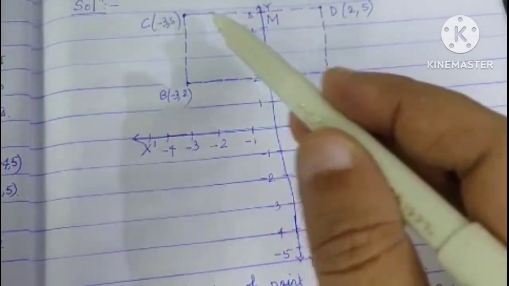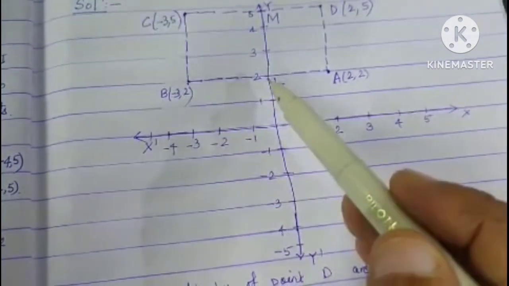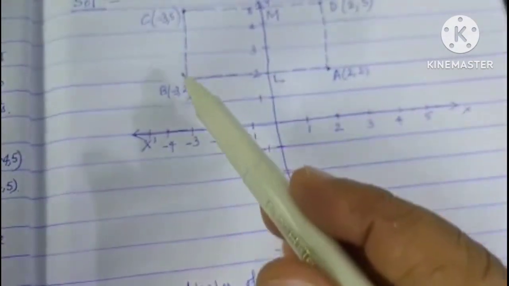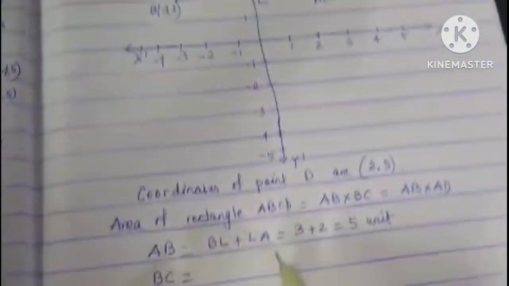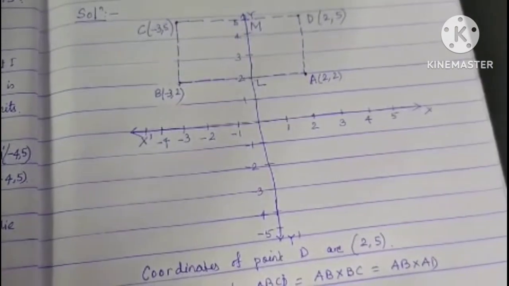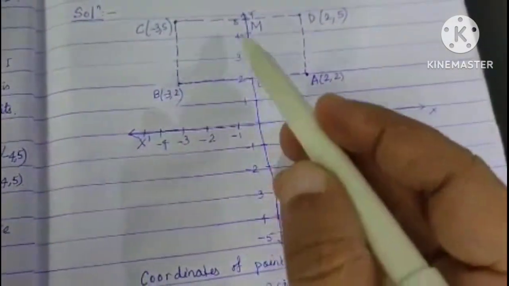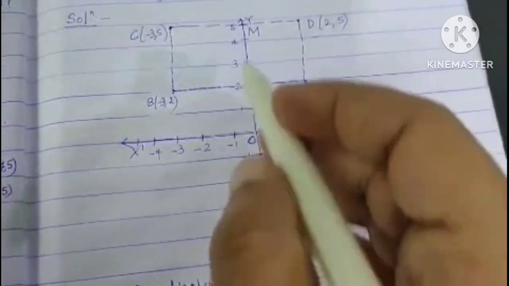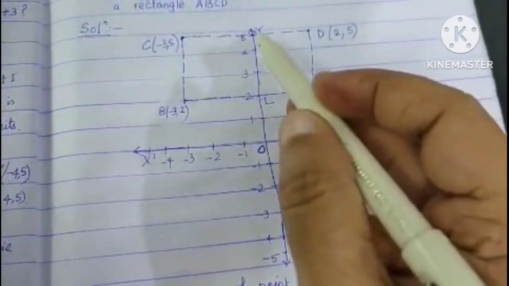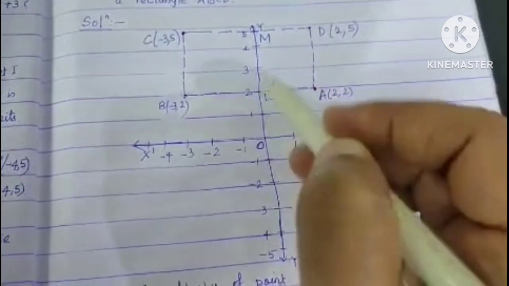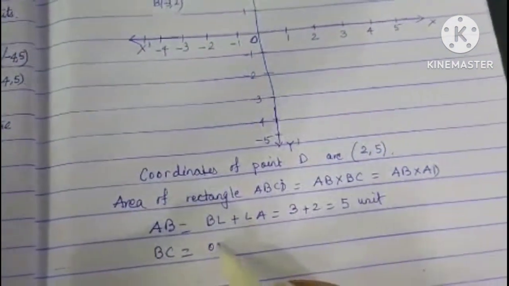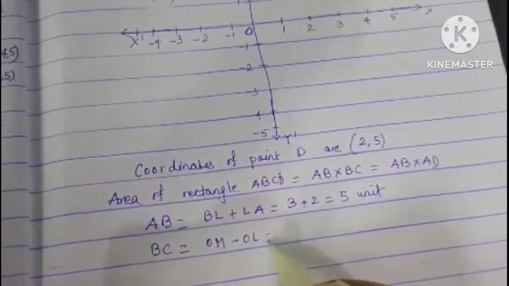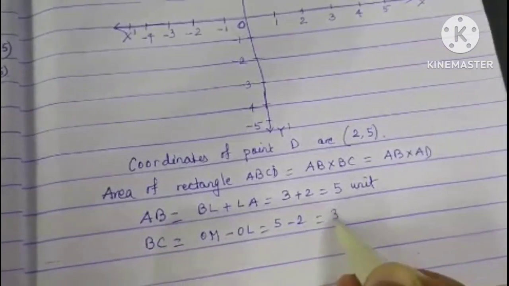So this point is 5 and this point is 2, so this distance will be 5 minus 2, that is 3. If this is the origin, this is L and this is M, then basically OM minus OL, that is 5 minus 2, equal to 3 units.